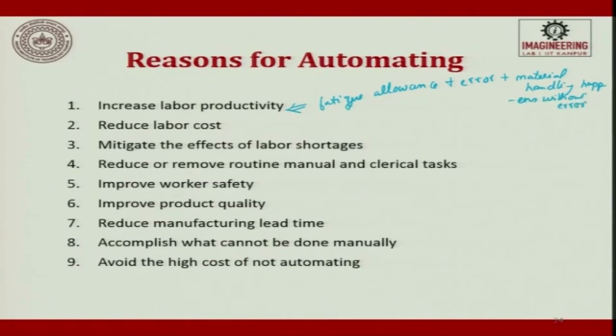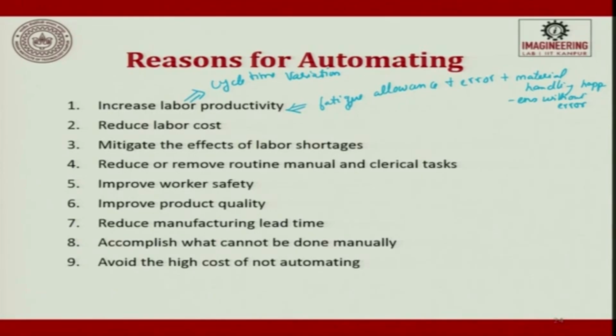So, no wastage, to a large extent it is controlled. So, this increases the labor output. Basically what are we trying to say? When you try to automate, you will not have cycle time variation. What is cycle time variation? Cycle time is nothing but the time required for producing a part. So, from part to part, from process to process, you will not have variation. So, when you automate it, the productivity of labor is increased.